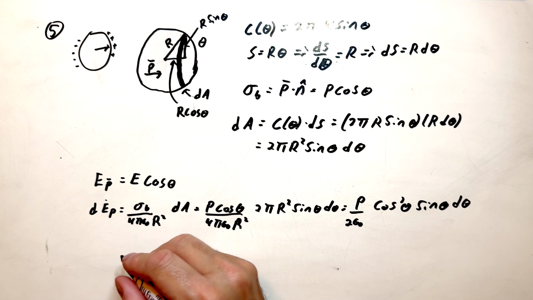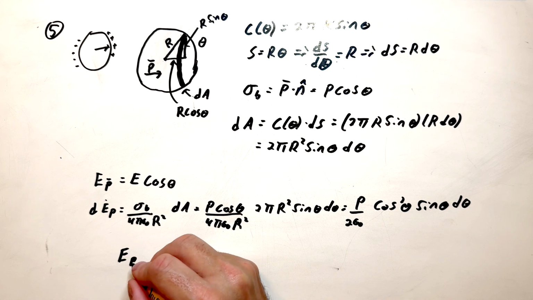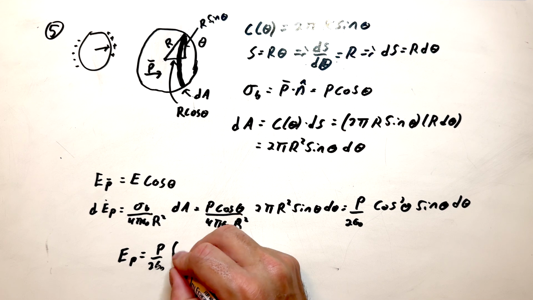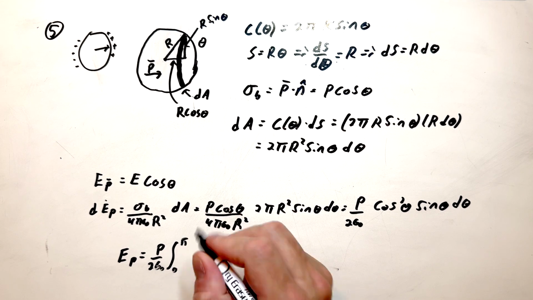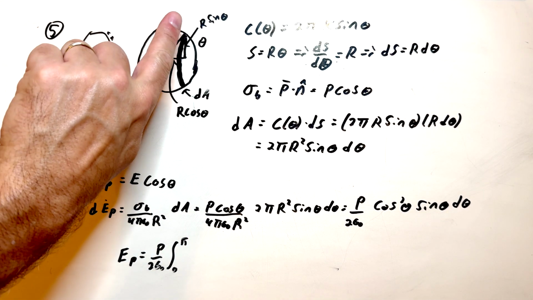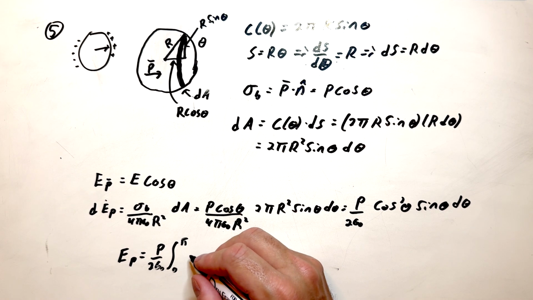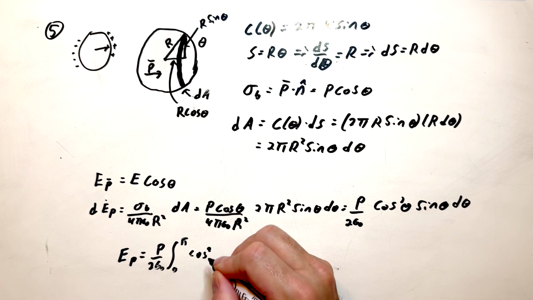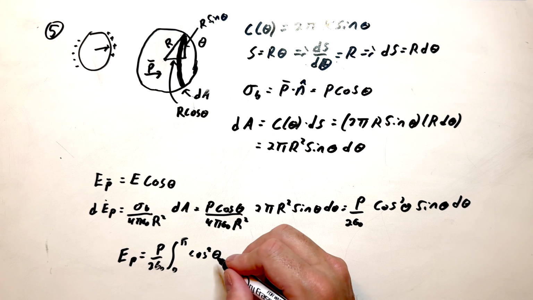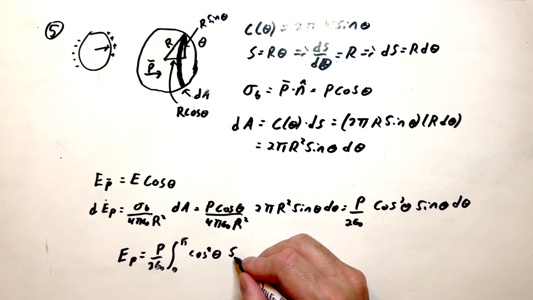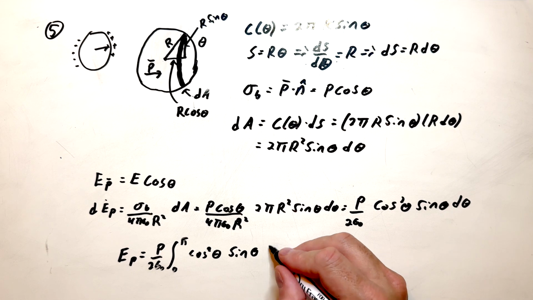And so now all we have to do is just integrate this. So E sub p is going to be p over 2 epsilon naught times the integral from 0 to pi, because we're going to go from 0 all the way around to pi, of cosine squared theta times the sine of theta d theta.